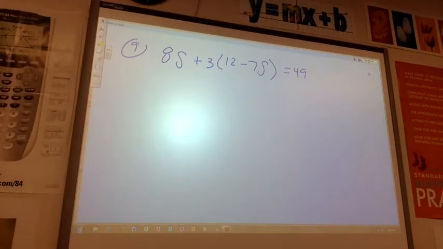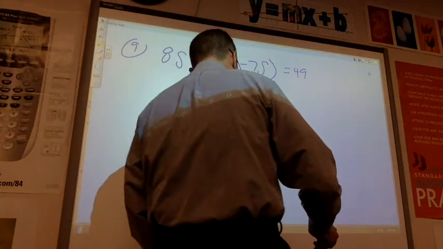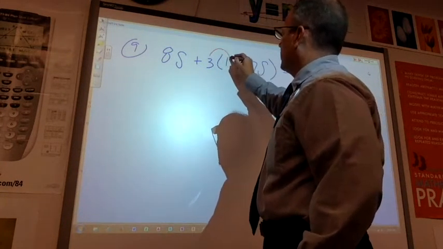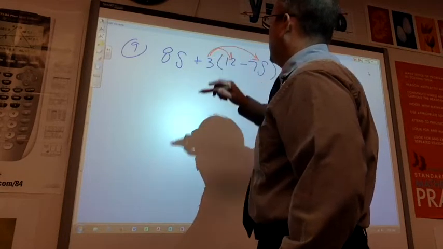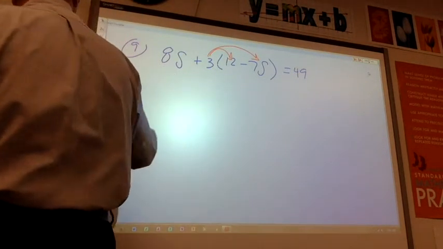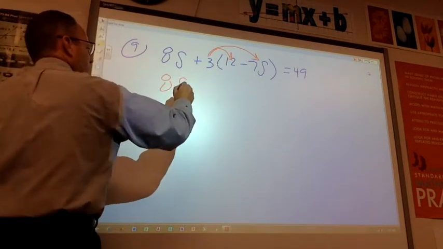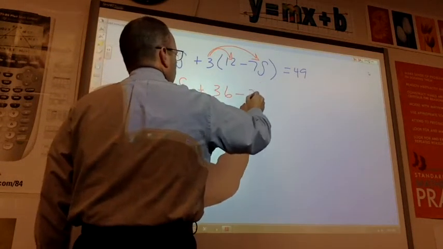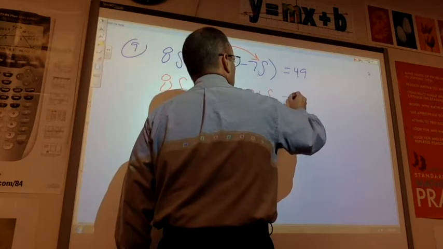Thoughts? Distribute what? The 3. Do I distribute the 3 to the 8s? No, I'm going to distribute here and to here. Not to the 8s, because those are not being grouped together. So the 8s remains as it is for right now. Plus 36 minus 21s equals 49.